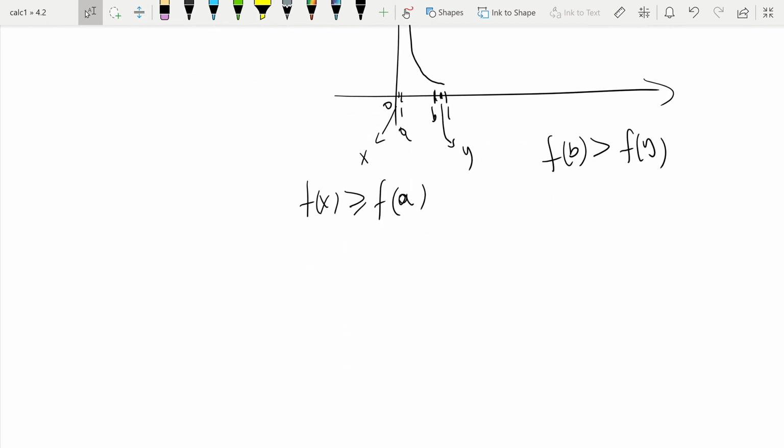Another problem is that the function may not be continuous.